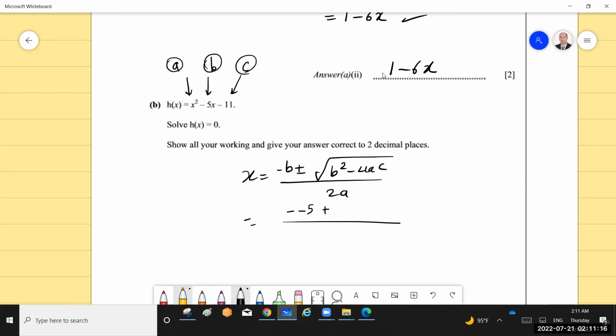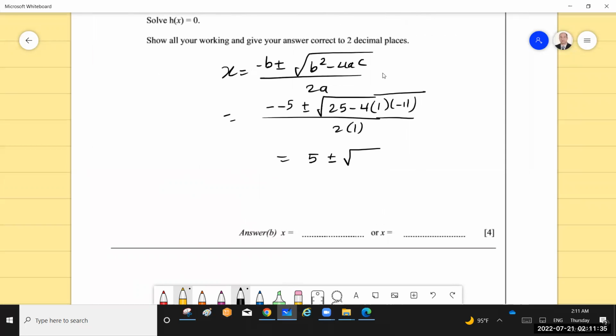Negative 5 plus or minus the square root of 5 squared, which is 25, minus 4, the a is 1 and the c is negative 11, all over 2a, 2 times 1, which is 2. And you can continue by solving this part.